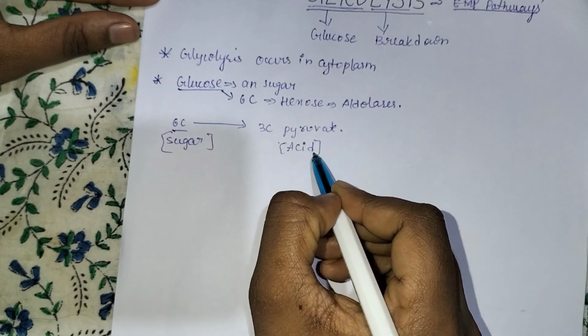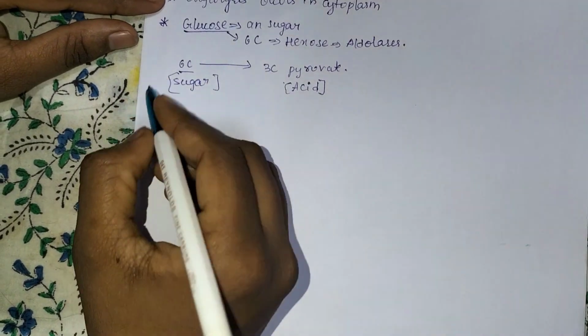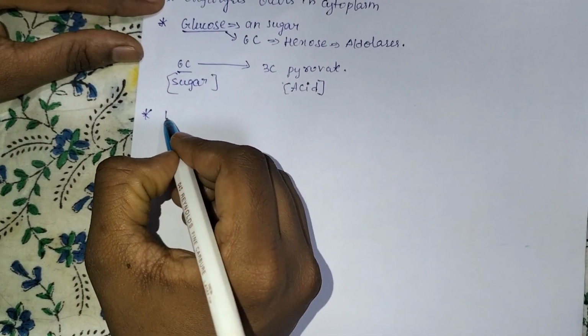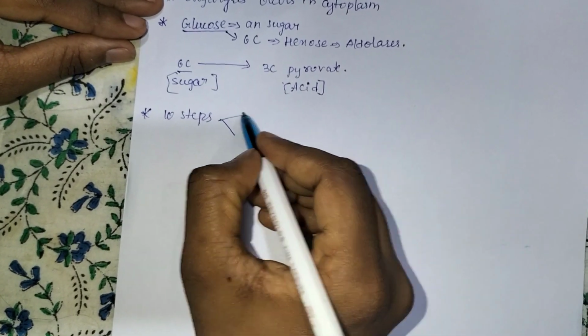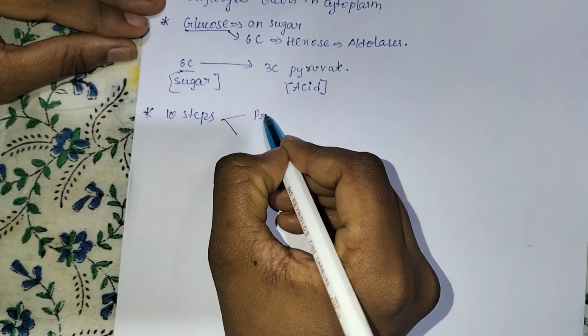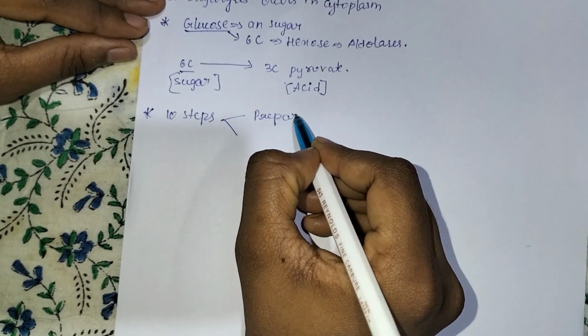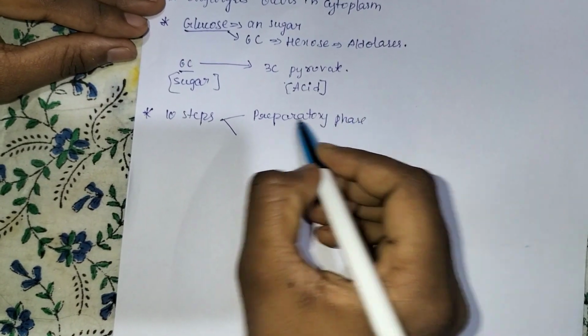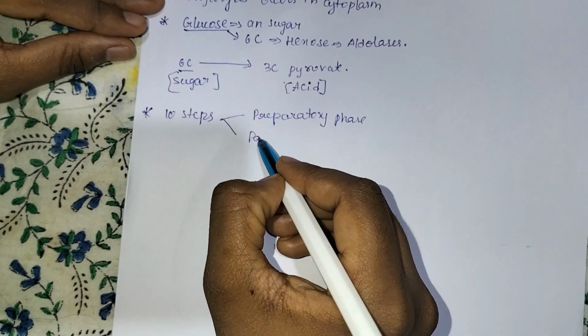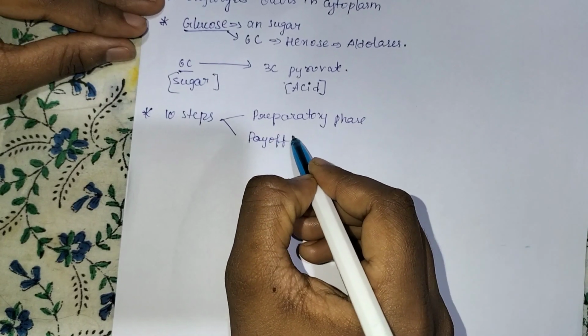acid. Okay, so in glycolysis we have 10 steps, and these 10 steps are divided into 2 phases, that is preparatory phase and payoff phase.